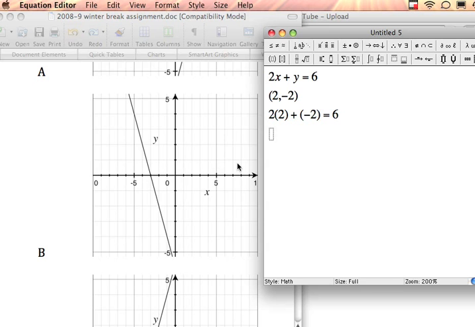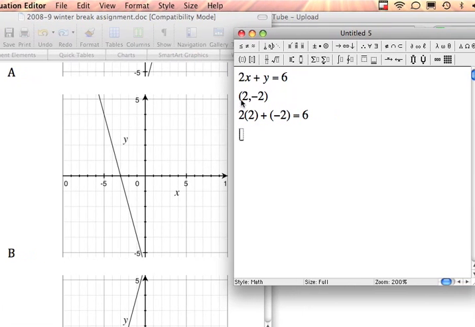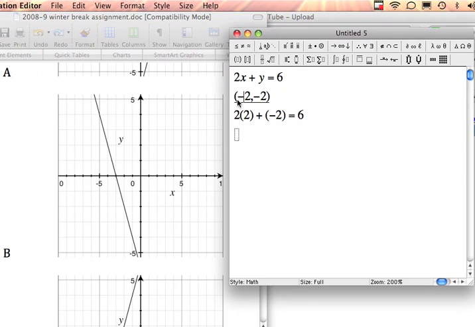And 2 times, wait a minute, I'm sorry, this is not 2, this is -2. That's better. So 2 times -2 is -4, and -4 minus 2 is not going to equal 6. I mean, -4 minus 2 is -6, so I don't think that's going to work either.